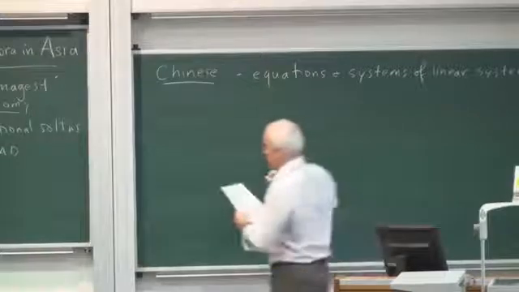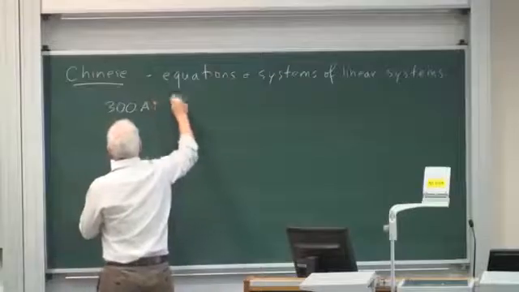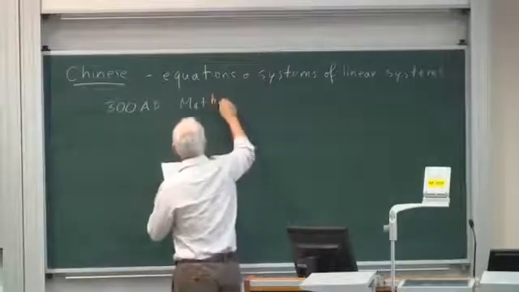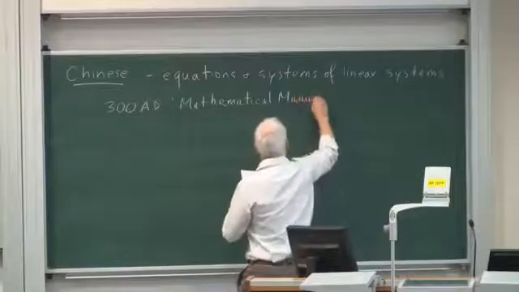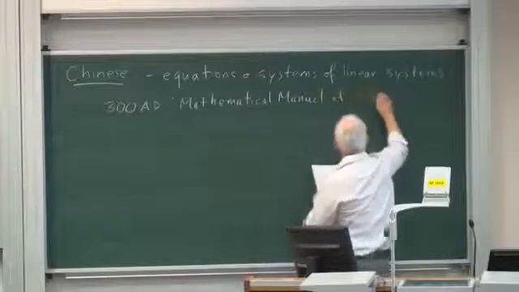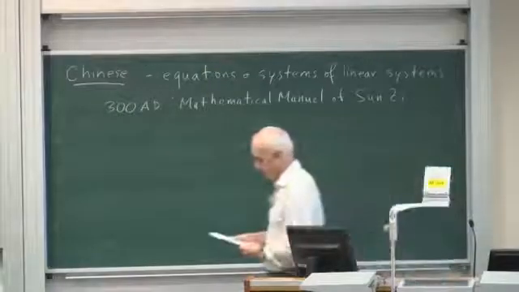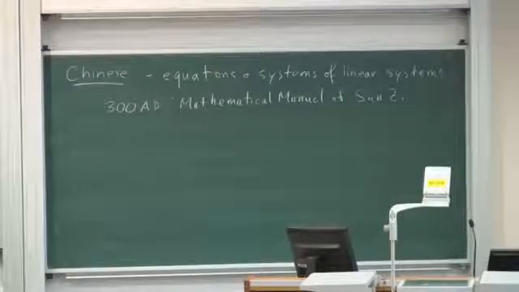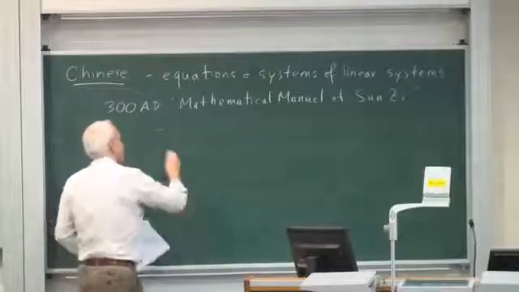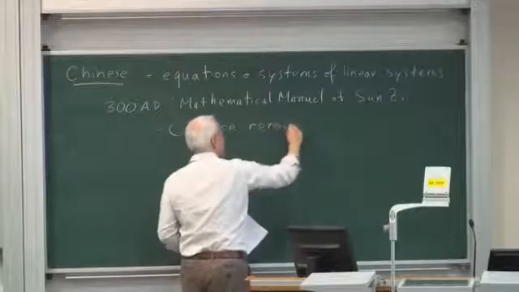So one of the earlier works is from 300 AD, the mathematical manual of Sun Tzu, whom we don't know much about, but he wrote this work. And so systems of linear equations were involved in this. Very important was a thing called the Chinese remainder theorem, which I'll describe in a few minutes.